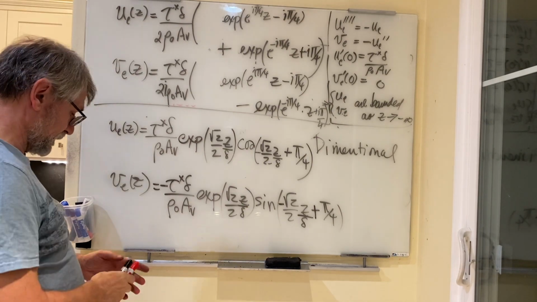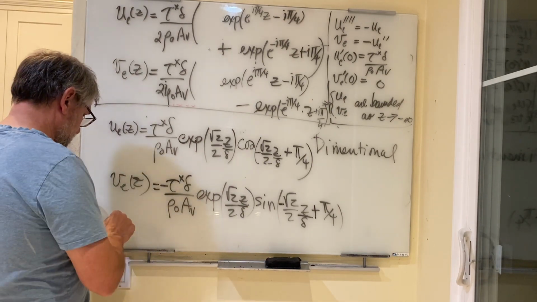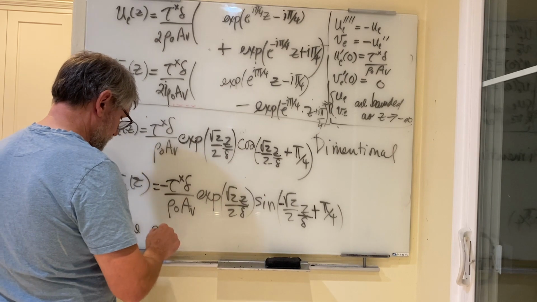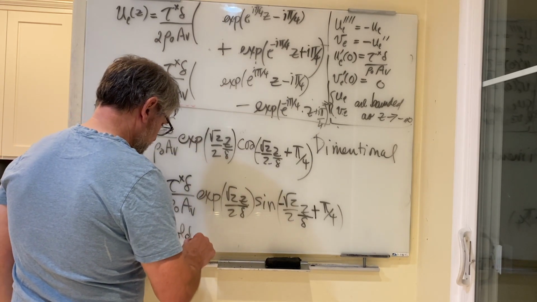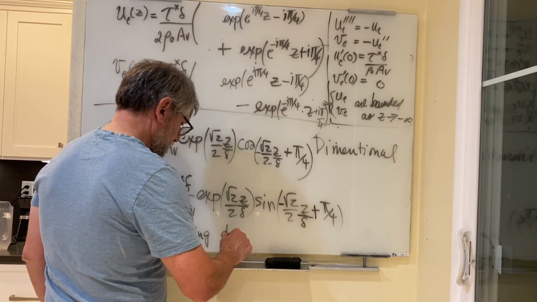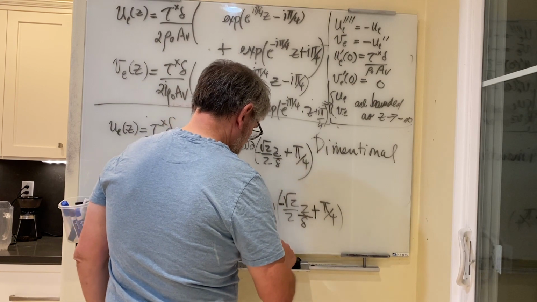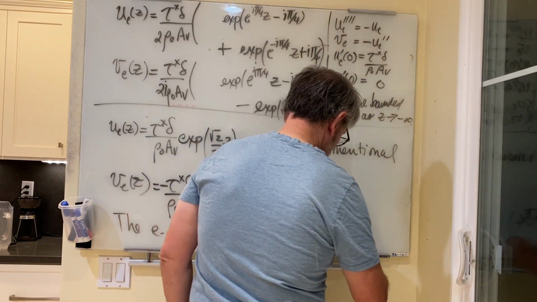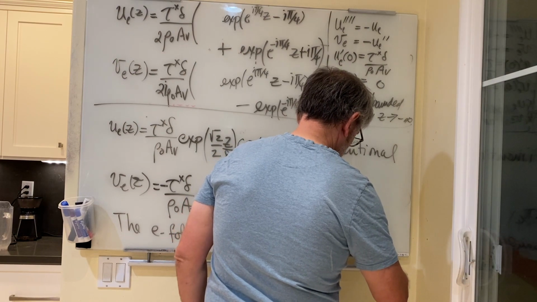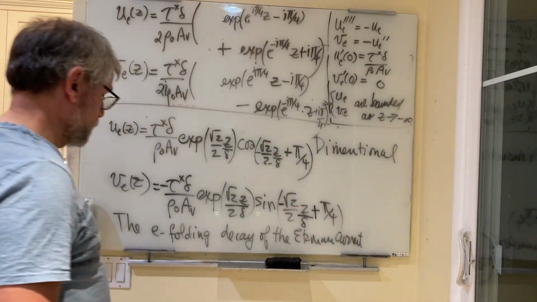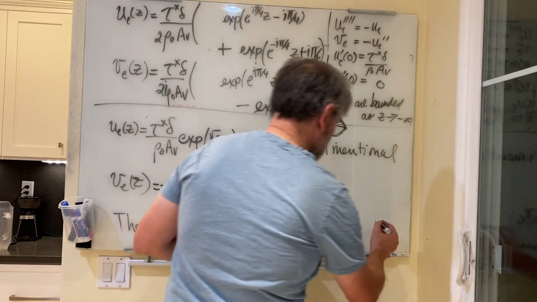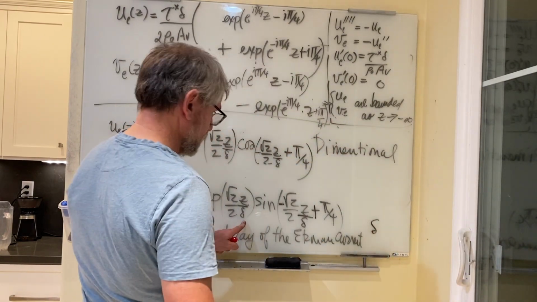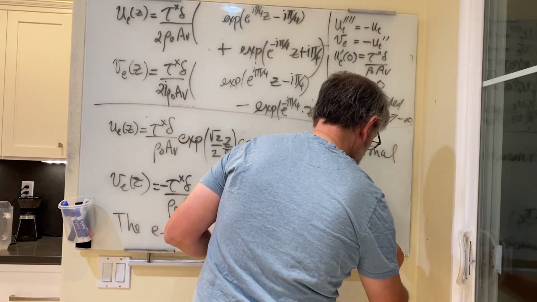So the thickness of the Ekman layer, the e-folding decay of the Ekman current, is delta times 2 divided by root 2.